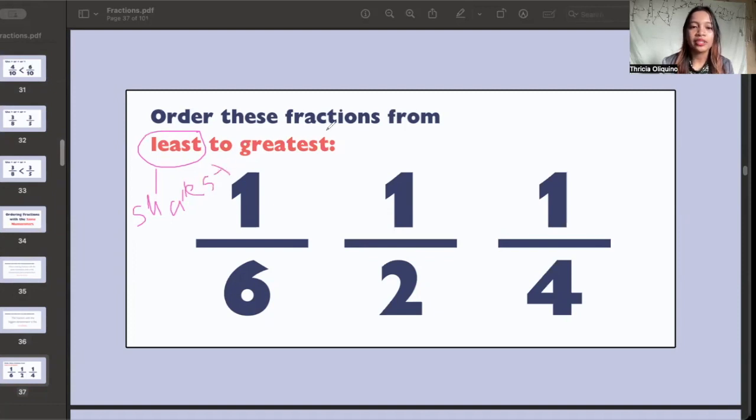And when we say greatest, we are talking about the larger or the largest number. When we say least, it's the smallest fraction. When we say greatest, it's the larger fraction. So in this problem, we need to order these fractions from smallest to largest.